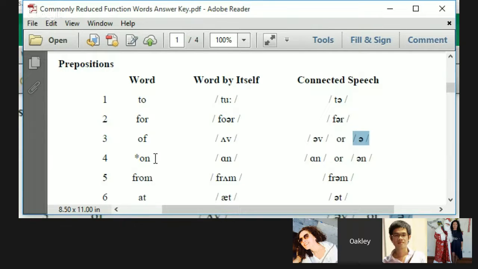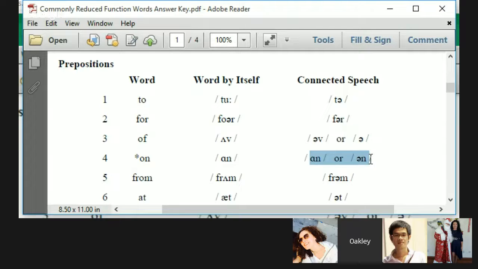Okay, next one. On, and un. Now here's one where the difference between the actual vowel sounds is very, very slight. This would be hard for me to pick out in speech.